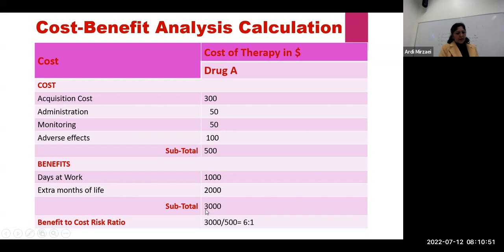So this is 3,000. So the benefit to cost ratio, not risk, is 3,000 divided by 500. It is 6:1. This is how we calculate.